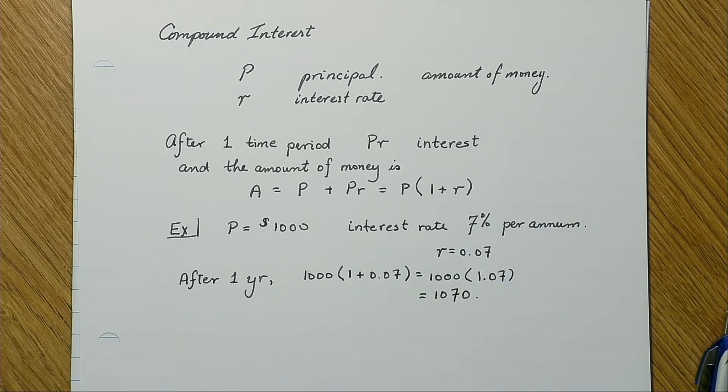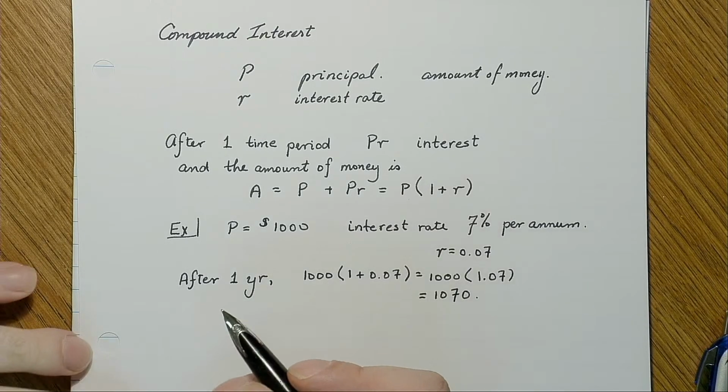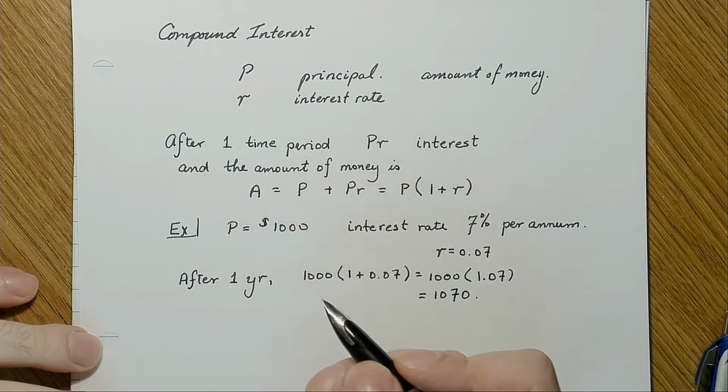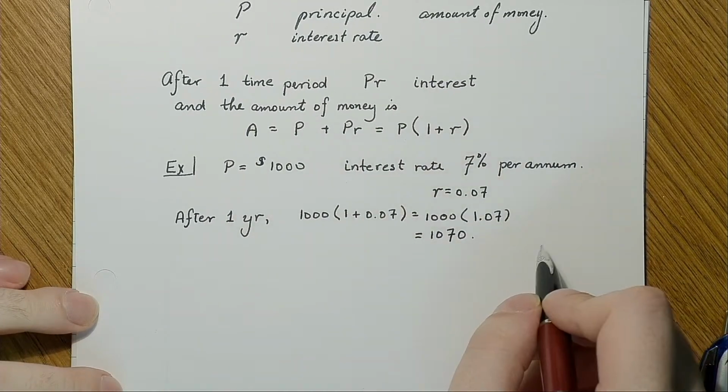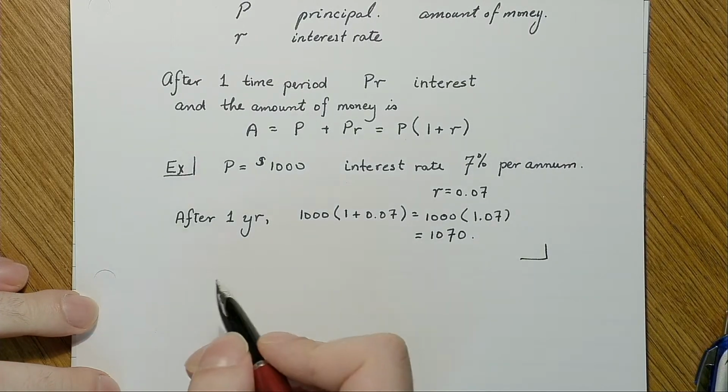Now the compounding part. If you take that interest, so if you just left that alone, so you had the 1070, it was in an account. Again, it could be in a margin account, it could be in a savings account. You just left it and you allowed it to reinvest.